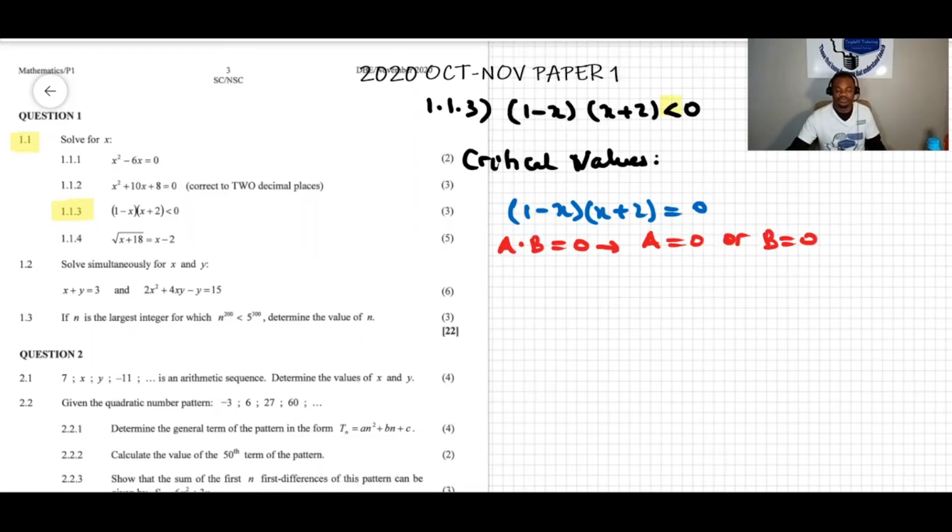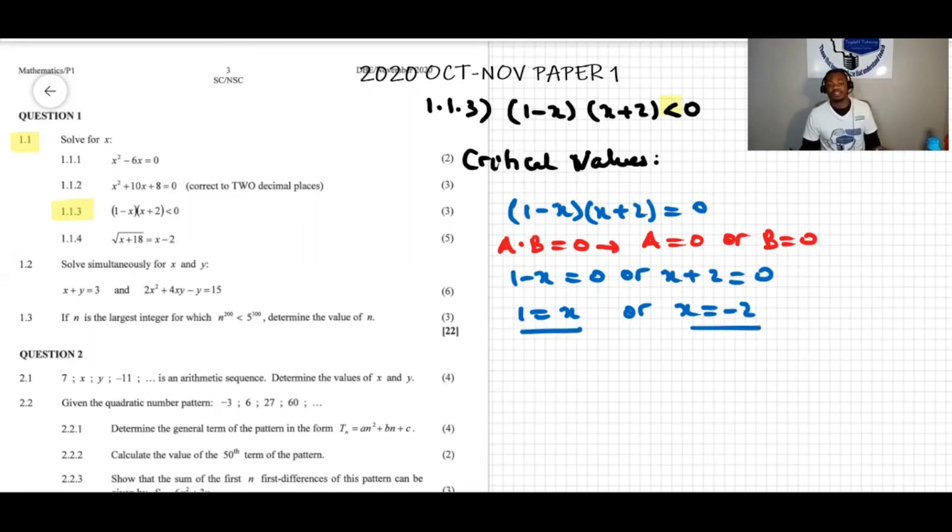Now we have 1 minus x equal to 0 or x plus 2 equal to 0. If you move the x over, we have 1 equal to x, or if we move the 2 over, x is equal to -2. So x is 1 or x is -2.